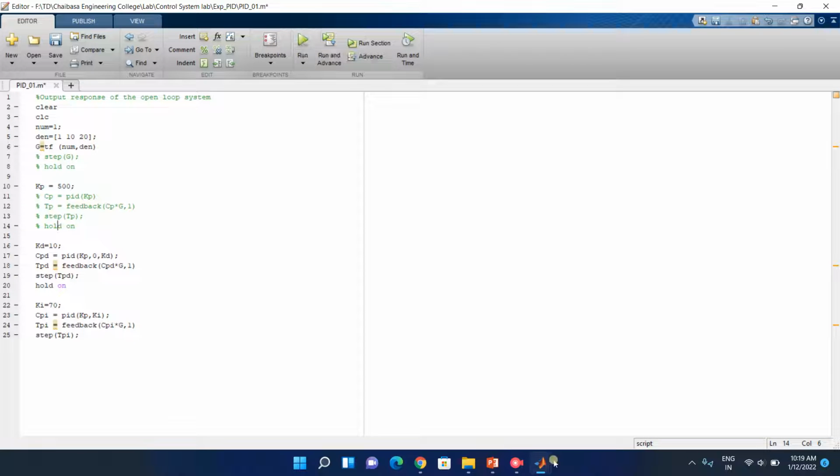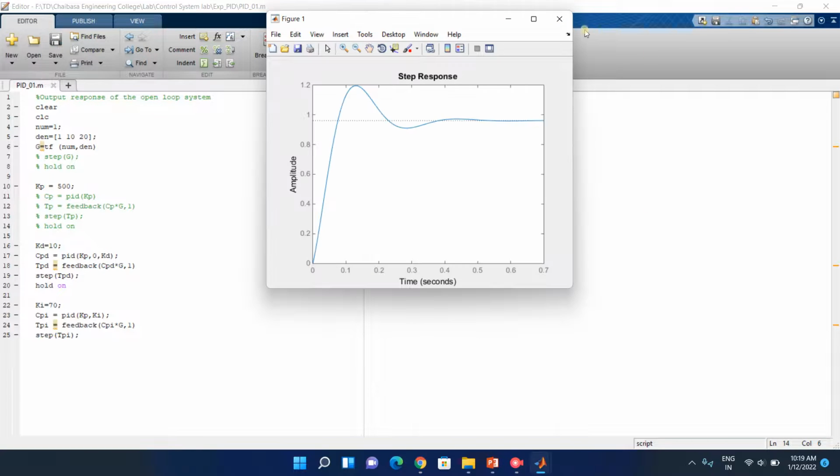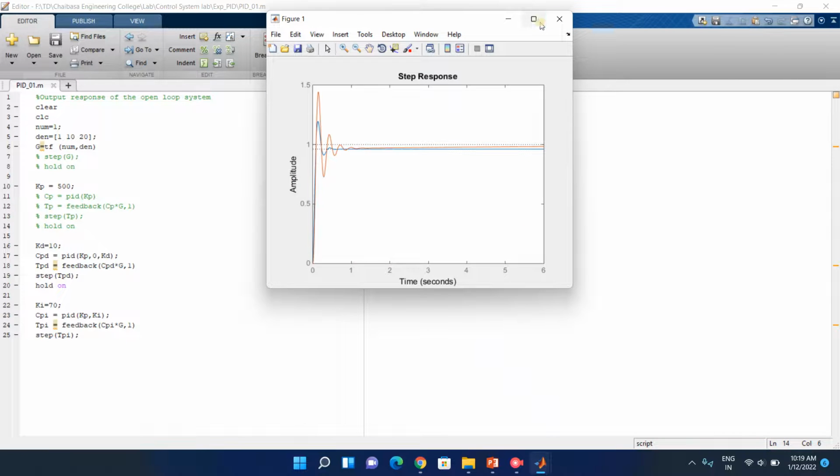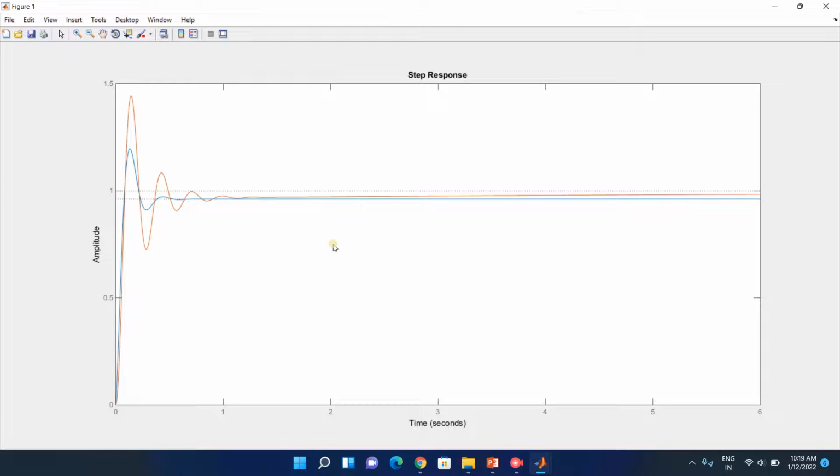Now if I close this part and run, the blue portion is for the PD controller, but orange is for the PI.